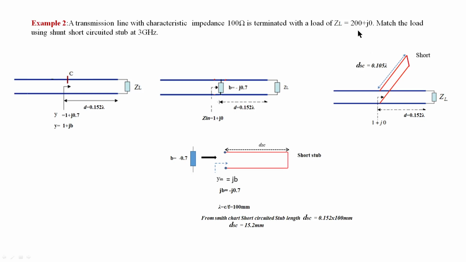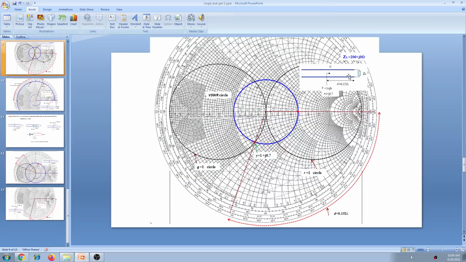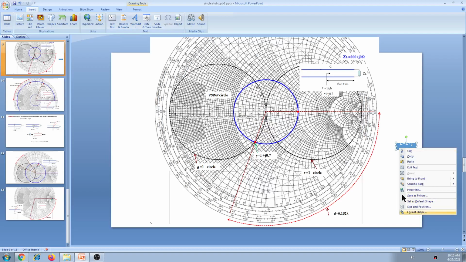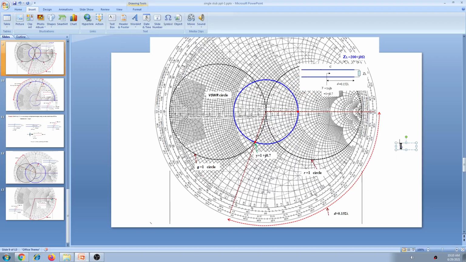Normalizing gives the normalized impedance Z equal to 2 plus j0.